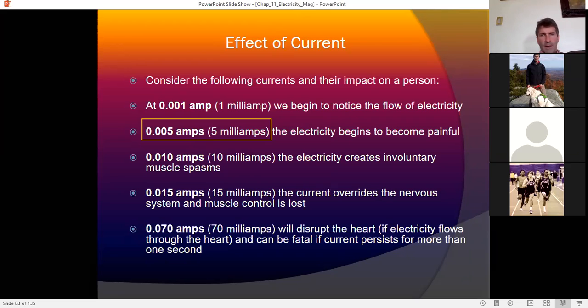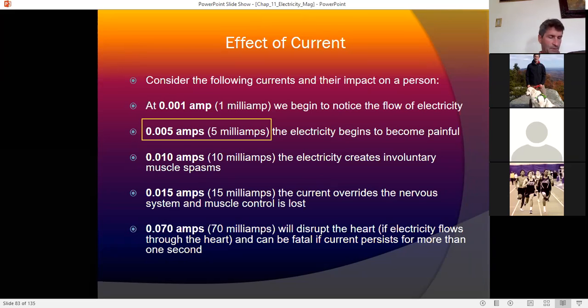And again, your natural instinct is to pull away from that. I've been shocked by hot wires from time to time, and I get the jolt, and I'm like, oh, it's annoying, and psychologically, you don't want to go near that thing again. But that type of shock usually doesn't do anything other than make you have a bad day.